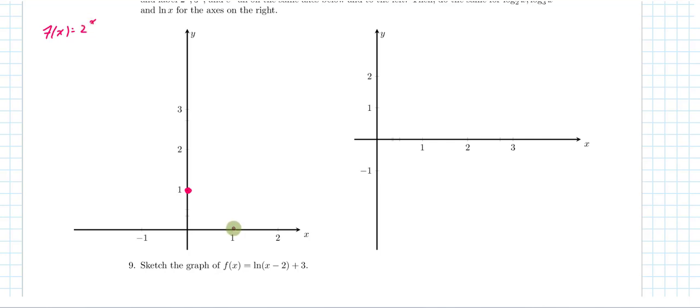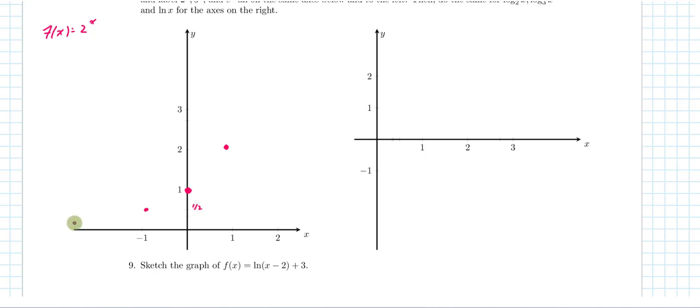Likewise, we know that if we plug in 1 into our exponential function, 2 to the x, f of 1 needs to output 2. And let's do one more. If I plug in -1, it's going to spit out 1/2. And I put a little tick mark there. It's kind of hard to tell, but that tick mark right there is for the value 1/2.